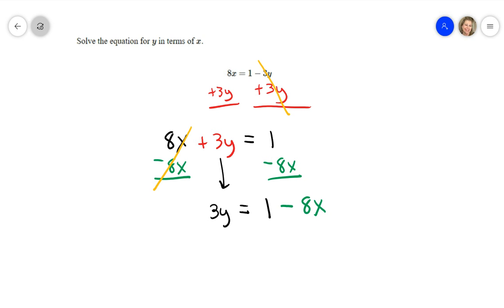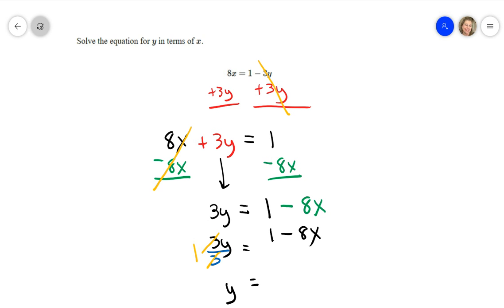Which means I'm down to one last step, and that is get rid of the 3 on the y. Now, since it's 3 times y, I'm going to divide by 3, because 3 over 3 would be 1, and 1 times y would just be y. But what you do to one side, you have to do to the other.